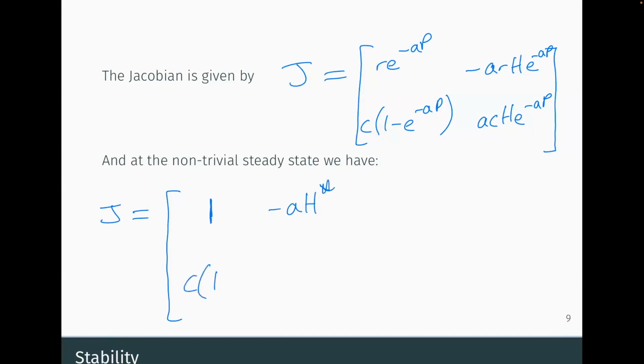The bottom left will have C times 1 minus 1 over R, and the bottom right, AC H star over R. We could substitute in the values of H star there, but we know that H star is going to be positive. Ultimately, we just care about whether the trace and determinant are positive or negative in relation to those Jury conditions. I could substitute those values in, but it's a little bit messy, so we can leave it like that.